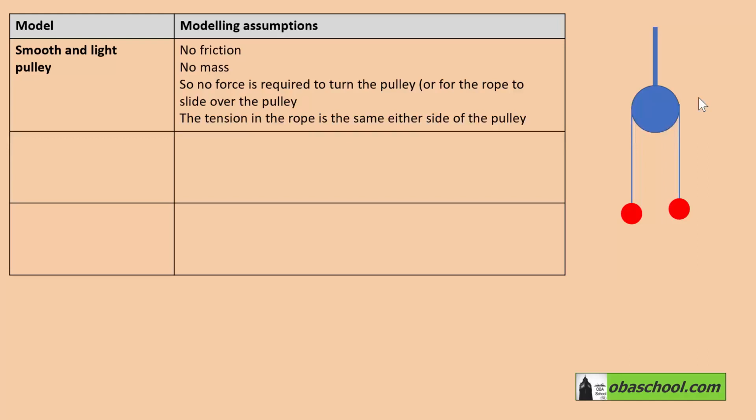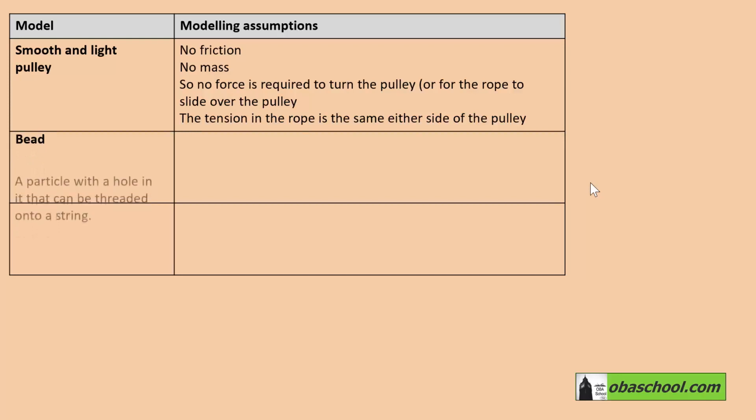So here we have a pulley system, and what we will be considering here is that the pulley is light compared to the two objects. So there's no friction here, there's no mass, and therefore no tension will be used up in turning the pulley itself. So the tension would be the same either side.